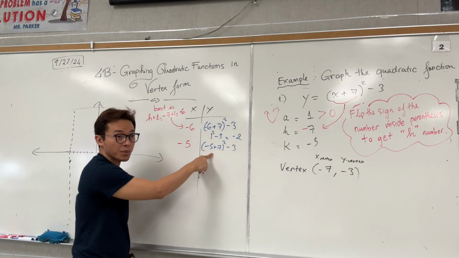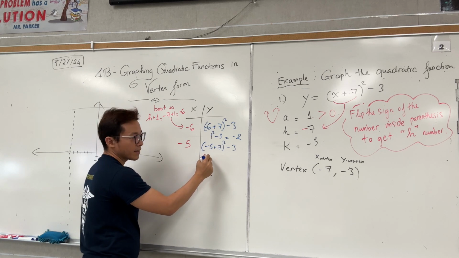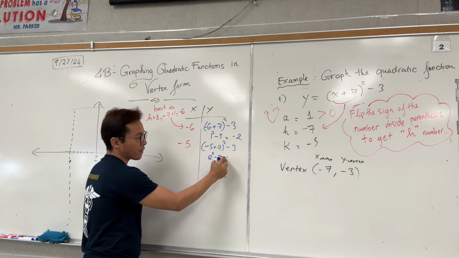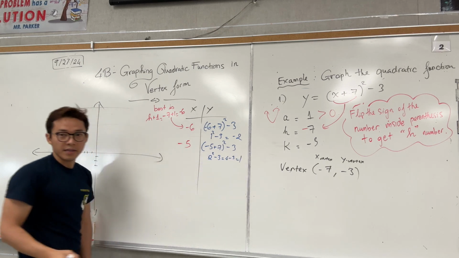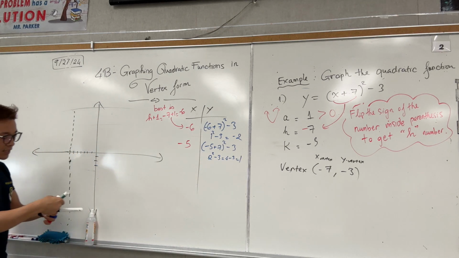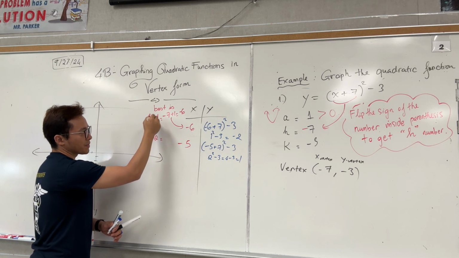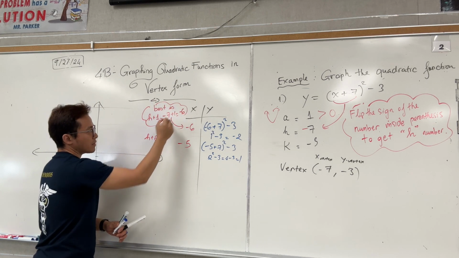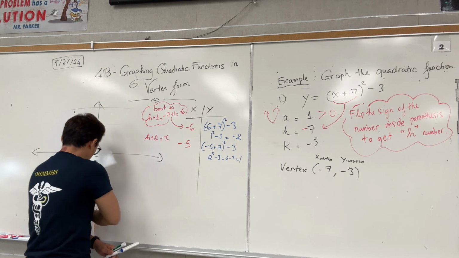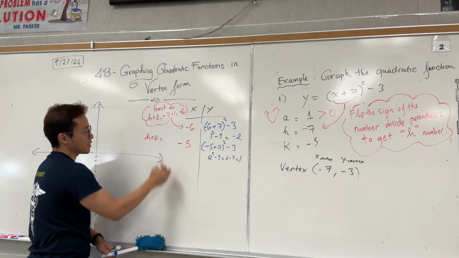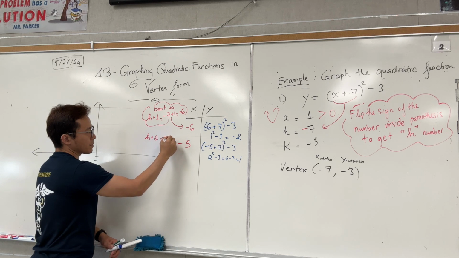So this is going to be 2, and 2 squared is 4. 4 minus 3 is 1. That's also a very good point. So this is actually the h plus 2, because negative 7 plus 2 is negative 5.